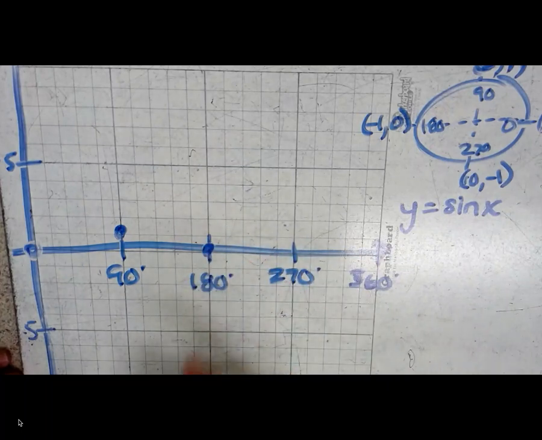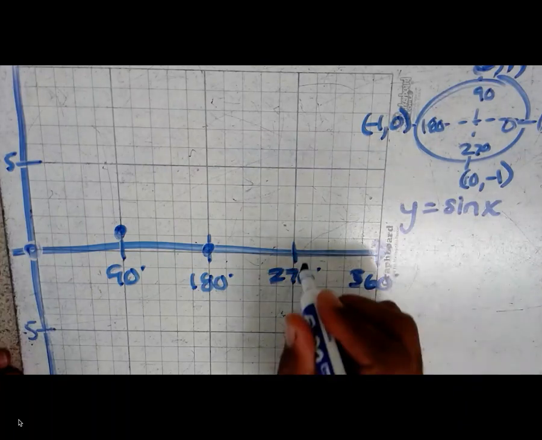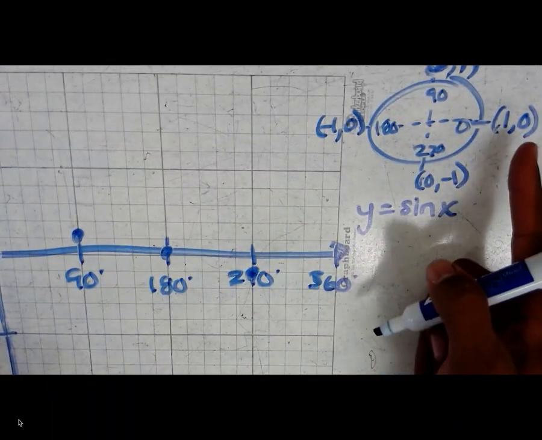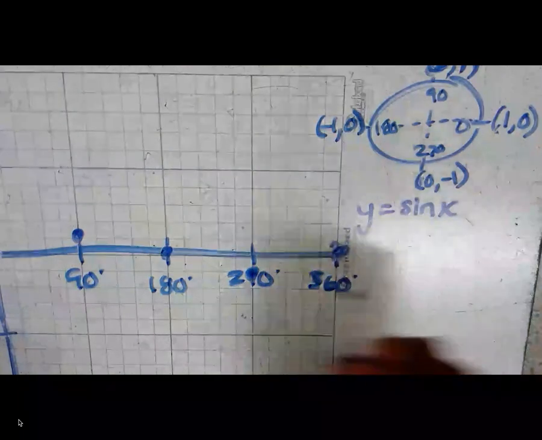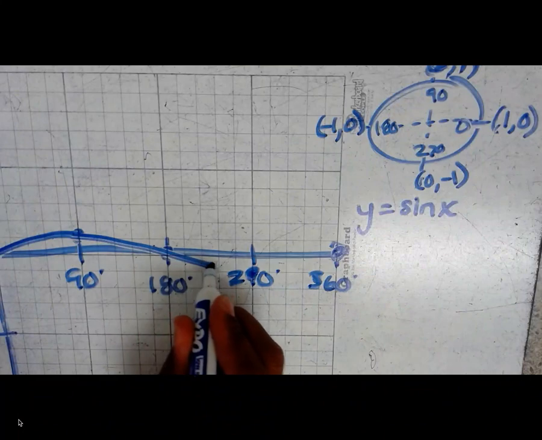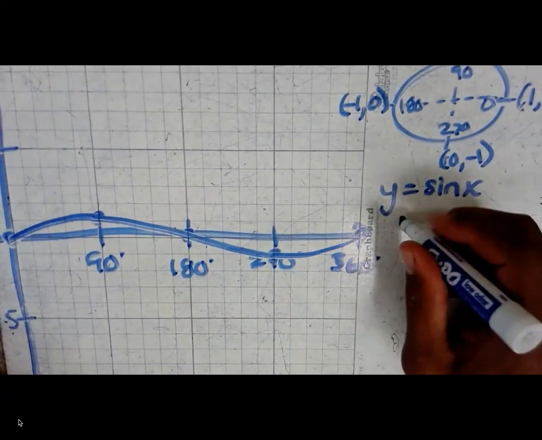So at 180, I go back to the middle line at 0. And then for 270, I go to -1, so I go below the line this time. And when I get back to 360, y is 0 again. So now I get this wave that goes up, comes through 180, back down under 270, and comes back here. All right. Then what about cosine?